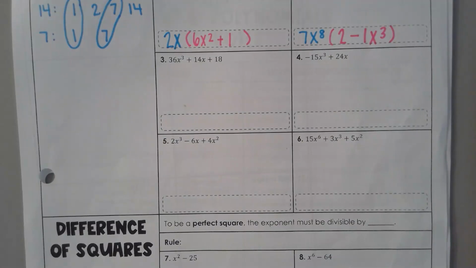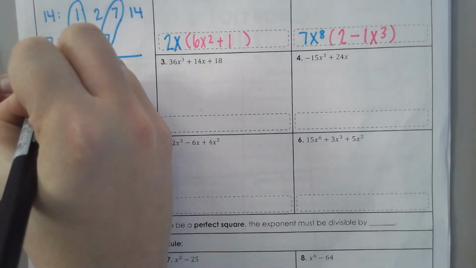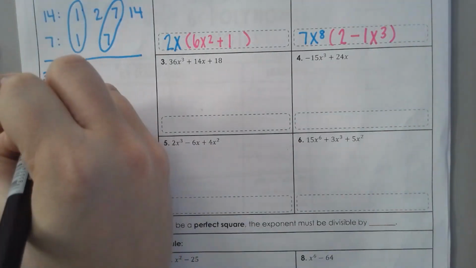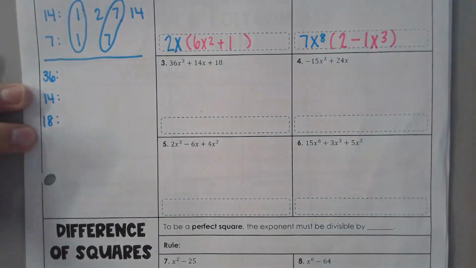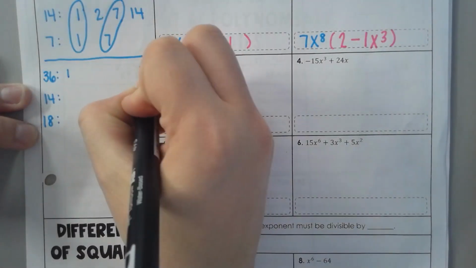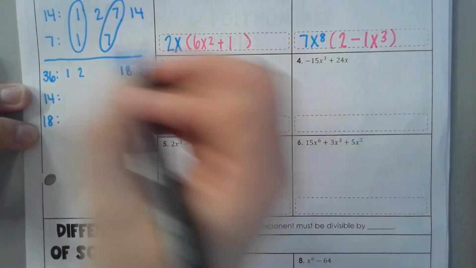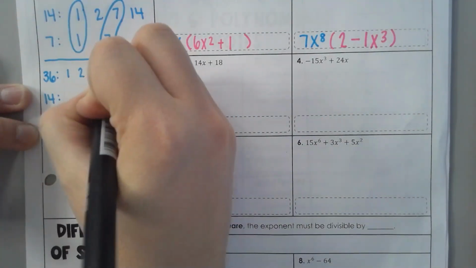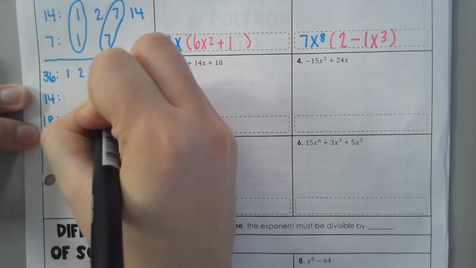Okay, so if you want to write out your 3 numbers, you can. So 36 is 1 and 36, 2 and 18, 3 and 12, 4 and 9, and then you have 6 and 6.